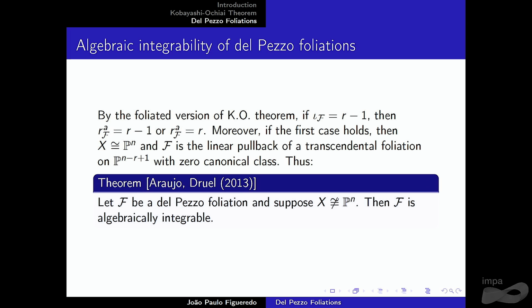So the Del Pezzo foliations, in all cases except the one classified by Loray, Pereira, Touzet, have algebraic leaves. All right?